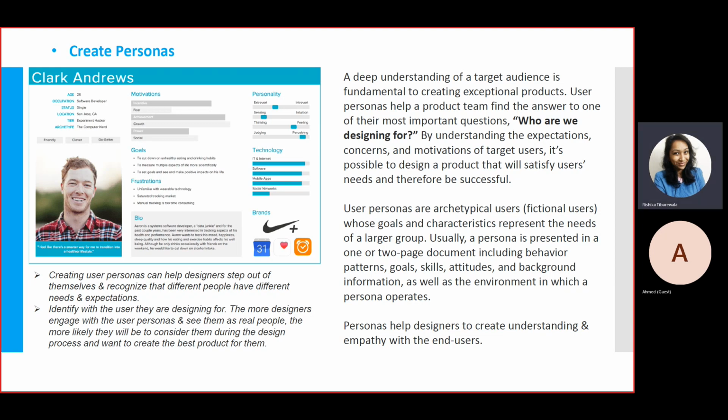They can identify with the user they are designing for, and the more designers engage with the user personas and see them as real people, the more likely they will be able to consider them during the design process and want to create the best product for them.